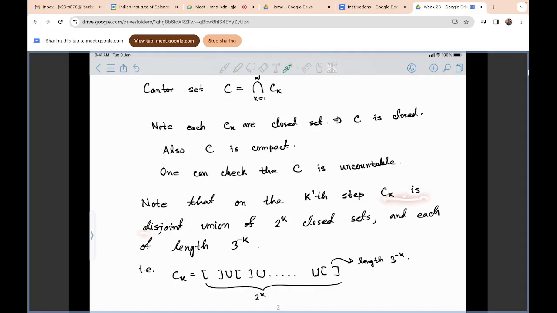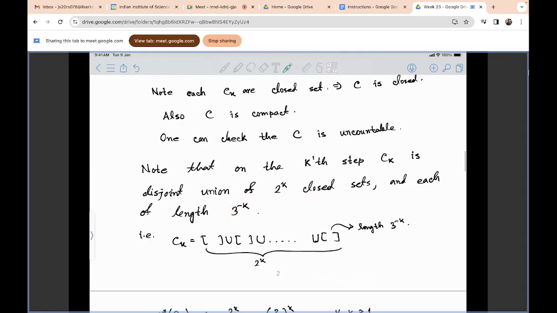C_k is a disjoint union of 2^k closed sets, each of length 3^{-k}. Because at the first stage C1 is the union of 2 closed sets, each of length 1/3, and the second step C2 is a disjoint union of 4 closed sets, each of length 1/9. So C_k is a disjoint union of 2^k closed sets, each of length 3^{-k}.